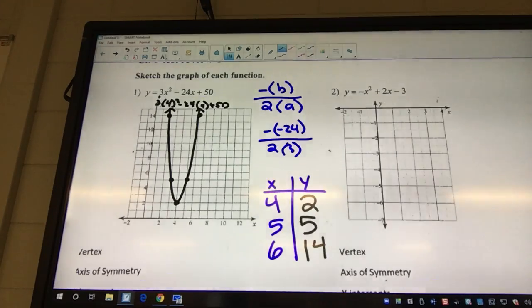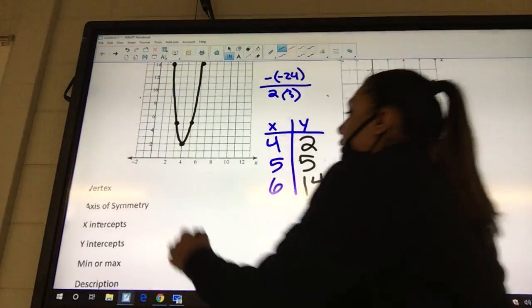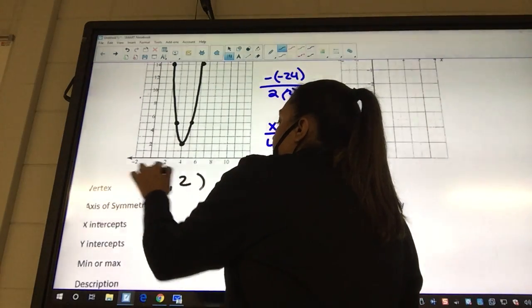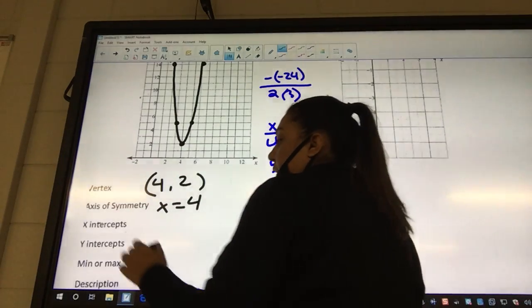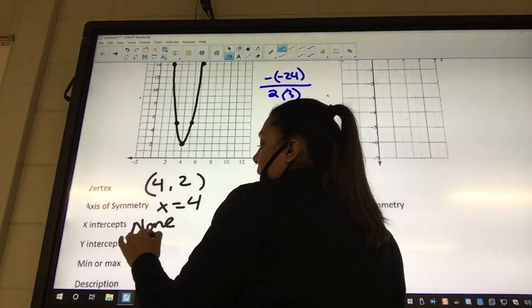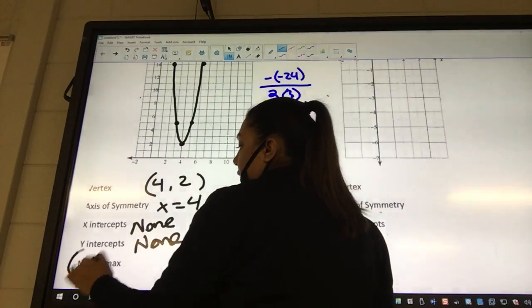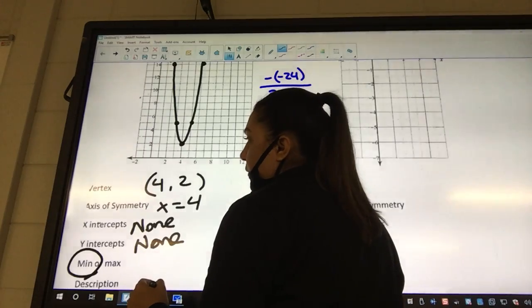Okay, what is the vertex? 4, 2. Axis of symmetry. X equals 4. X-intercepts. None. Y-intercepts. None. Min or max? Min. Description.